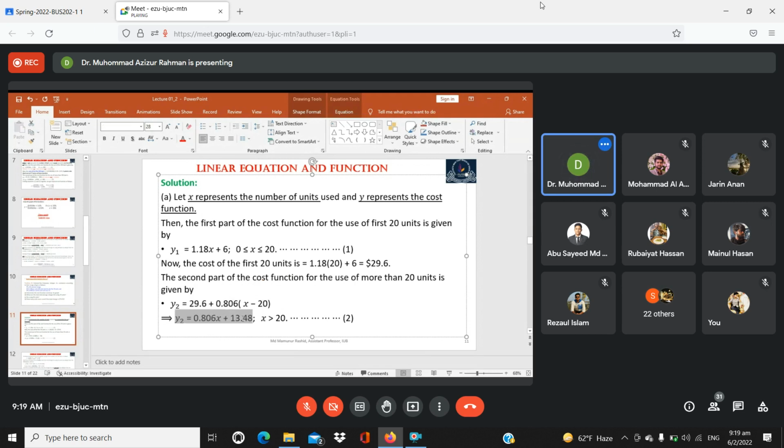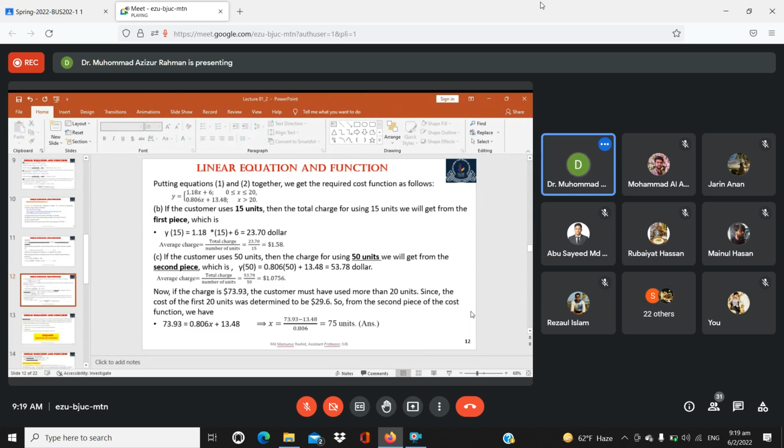This is our second cost function, and the condition is x should be over 20. So equation 1 and equation 2, we can combine to get the total cost function, and we can draw the graph from here.